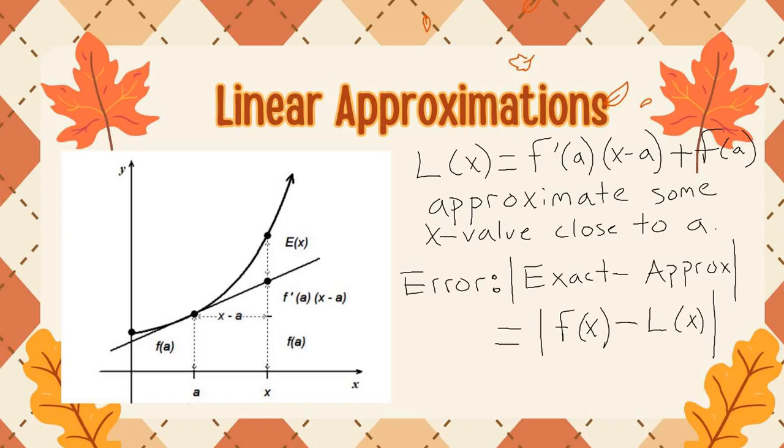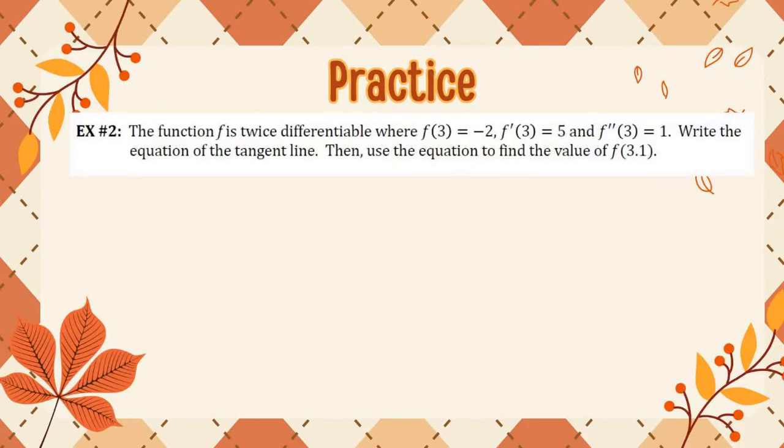Questions? Got some examples? Will it always be given which value we should approximate from? I would say that usually it's going to give you information, like this one, or a table where I don't have very many choices of what I can use.